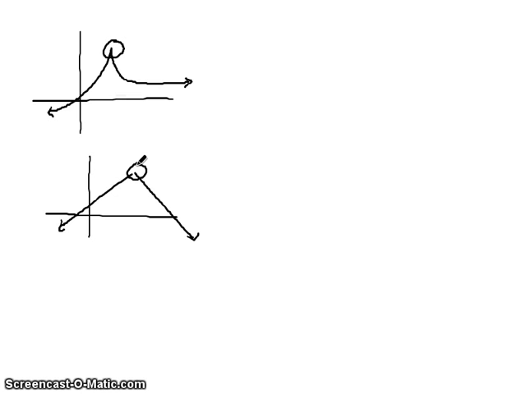So if we think about finding the slope on the left-hand side of each of these things here, we can say that both of those slopes are positive slopes. If we look at the other side, right here and right here, both of those slopes are negative slopes.